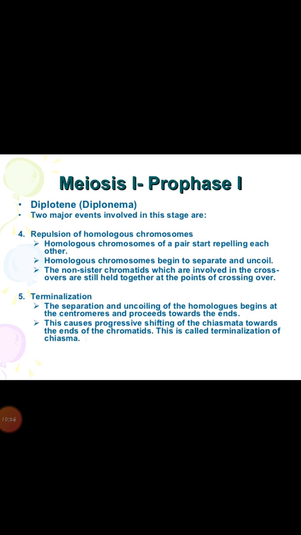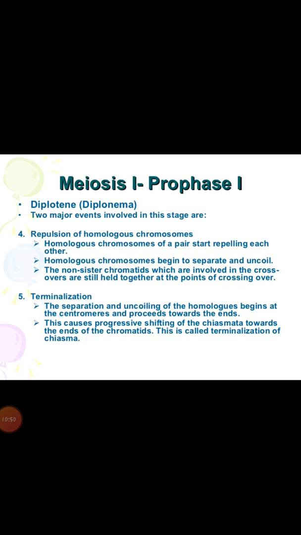Homologous chromosomes which came together during zygotene get repelled from each other, begin to separate and uncoil. The non-sister chromatids involved in crossing over are still held together at the point of crossing over. Then terminalization takes place during this stage of diplotene.